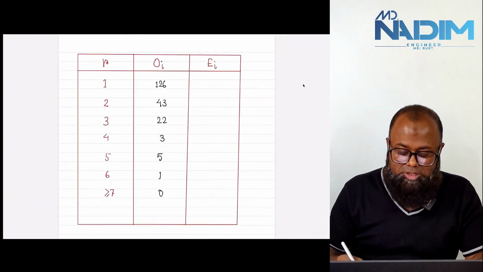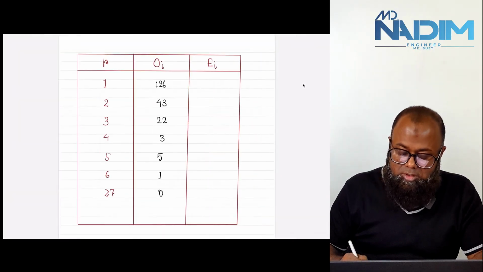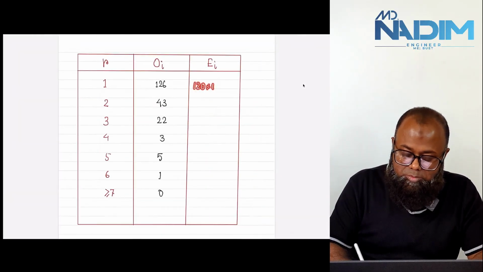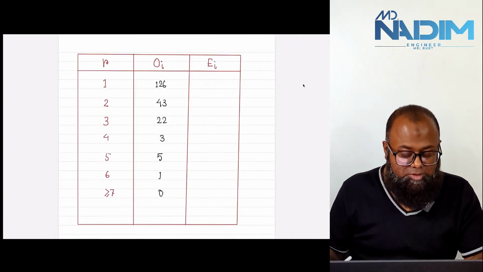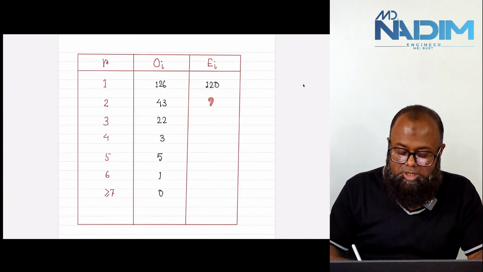So, 120 into 0.4 to the power r minus 1. Then what is the value here? It should be 120. Then calc 2, you will get this value.